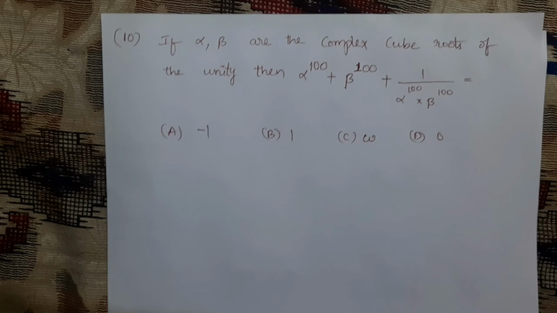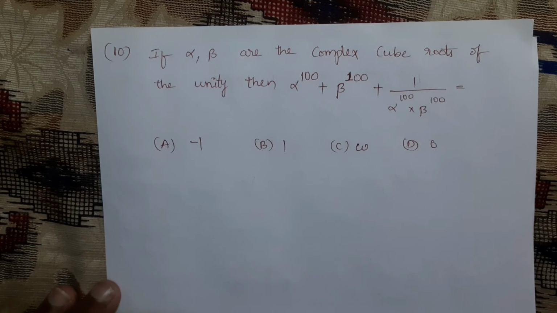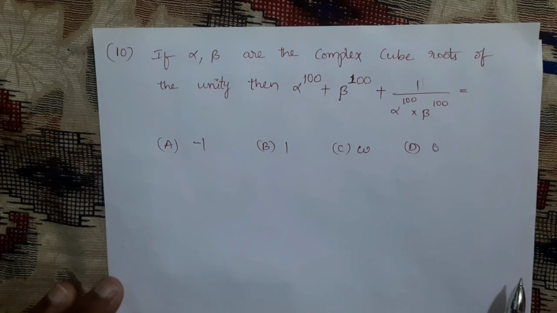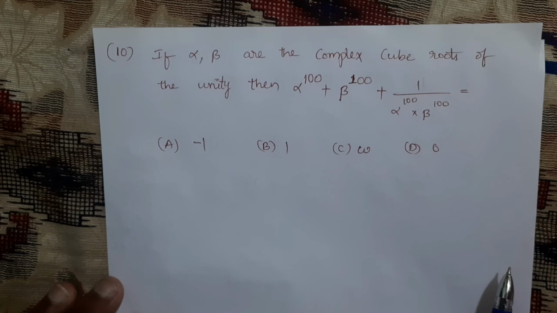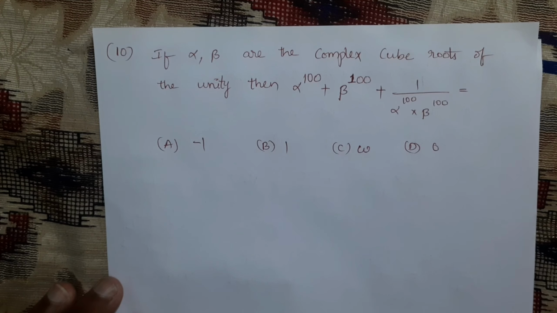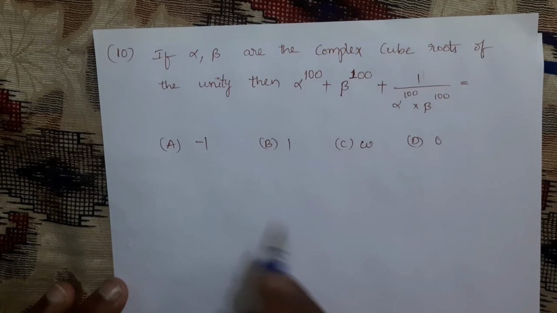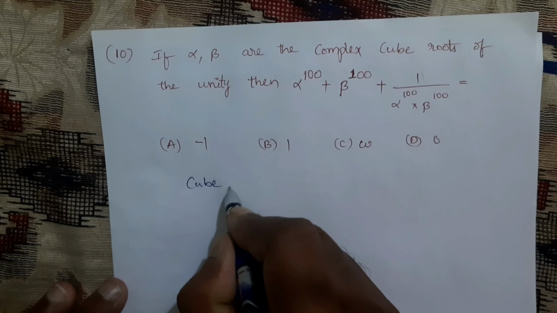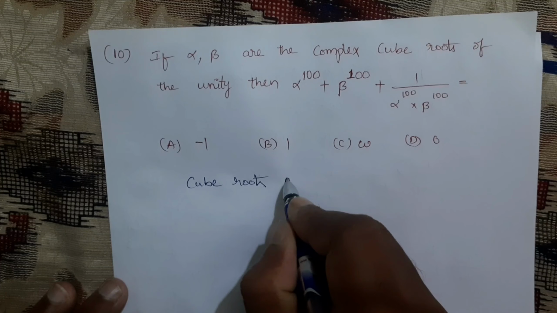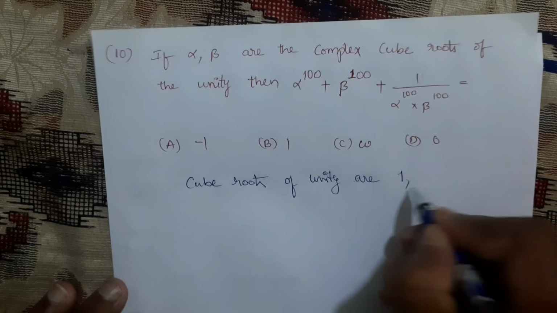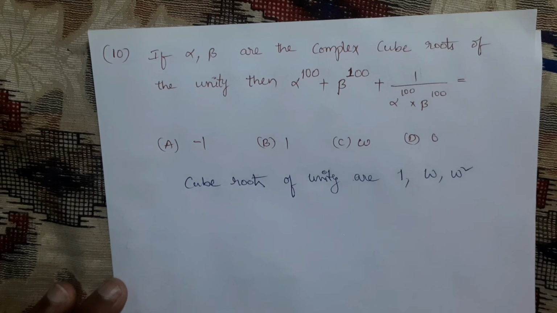Next, question number 10: if alpha, beta are the complex cube roots of unity, then we need to simplify this. We know that cube roots of unity are 1, omega and omega square.